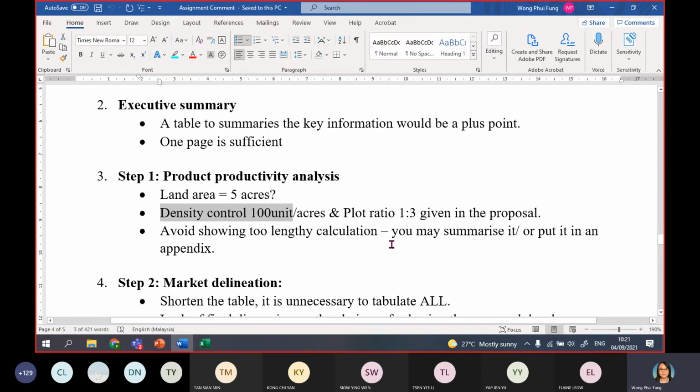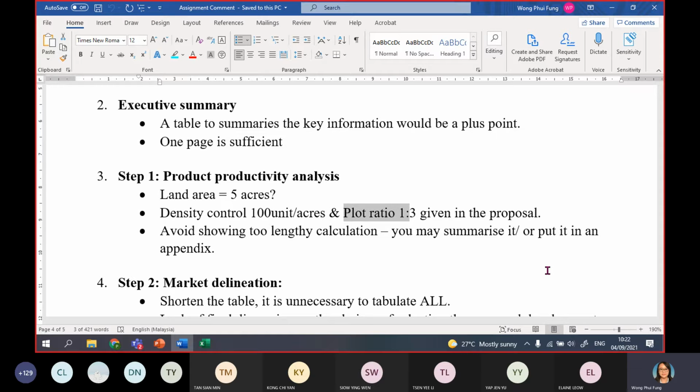Okay. Then second, is about the density control and port ratio, right? It's given in the assignment question, correct or not? Go back to the assignment question. The assignment question already mentioned that the density control is this, port ratio is this. But then in the report, you still want to show the KL planner, the Selangor planner, to show what land, what port ratio, this and that.